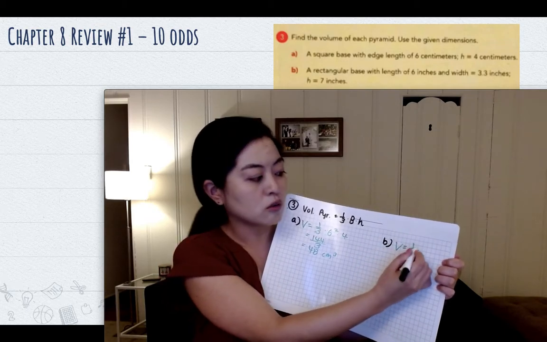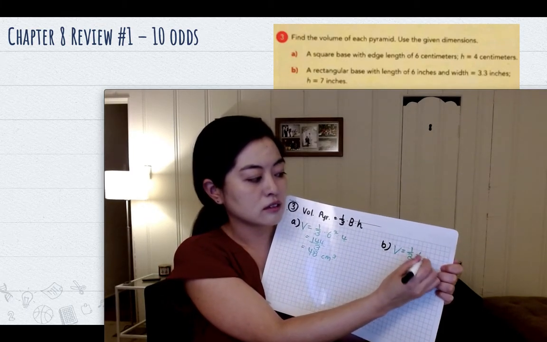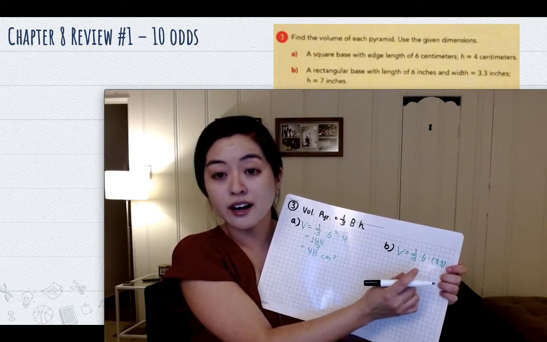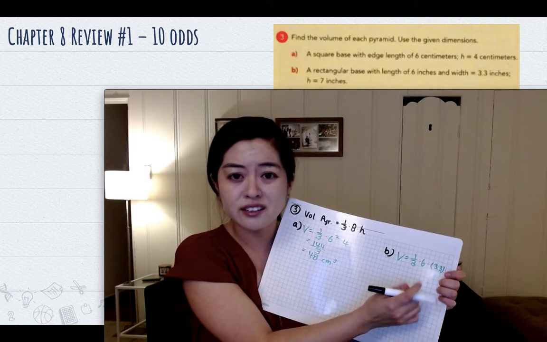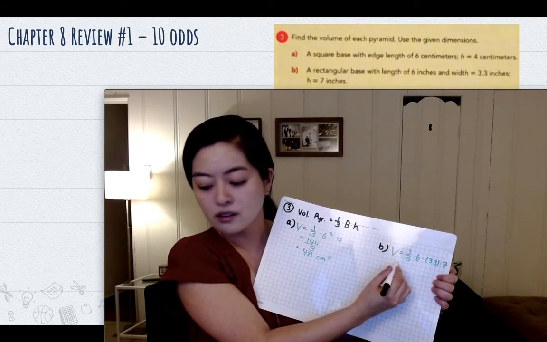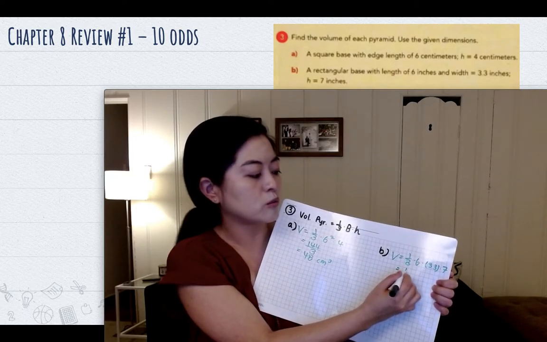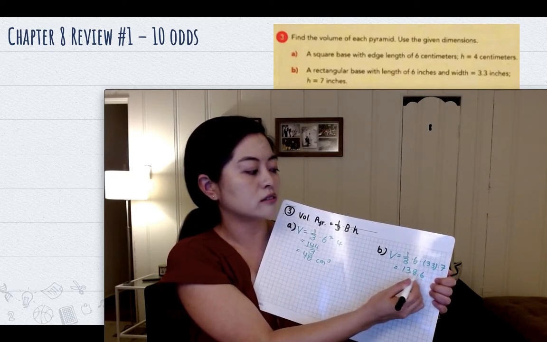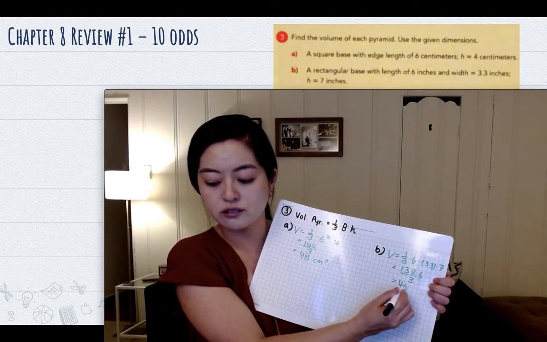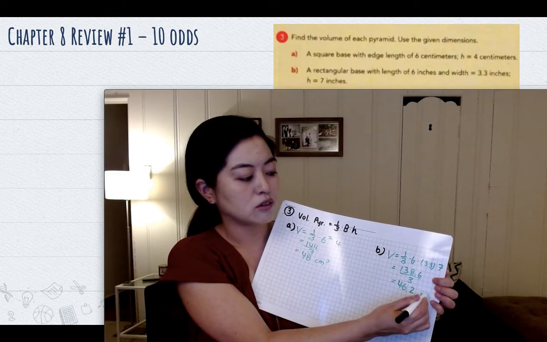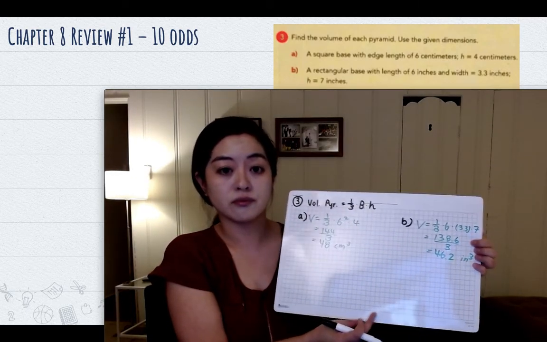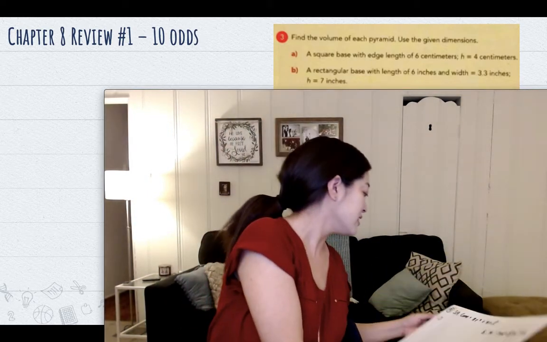So we're going to do 6 times 3.3 times the height, which is 7 inches, times 7, and that'll become 138.6 thirds, right, which is equal to 46.2 cubic inches.